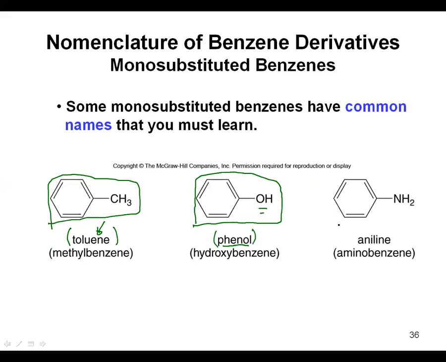And this one as well, a nitrogen containing group, a nitrogen with 2 hydrogens attached to benzene. That is what is sometimes referred to as aniline. So those 3 names, aniline, phenol, and toluene, you should be familiar with them as their historical names, because again, they are still commonly used a lot in organic chemistry. So just be on the lookout for those. They tend to pop up occasionally.